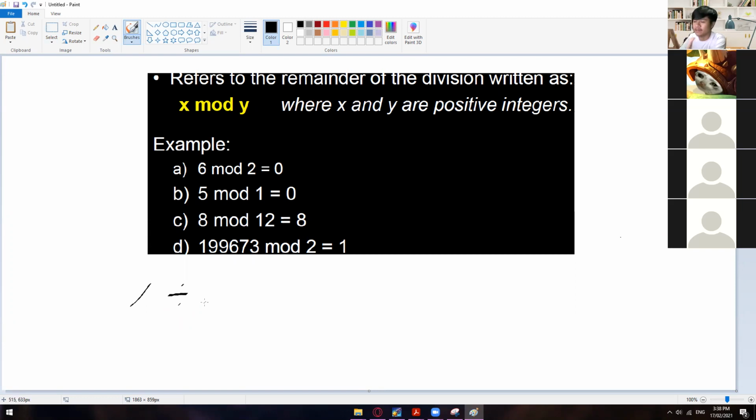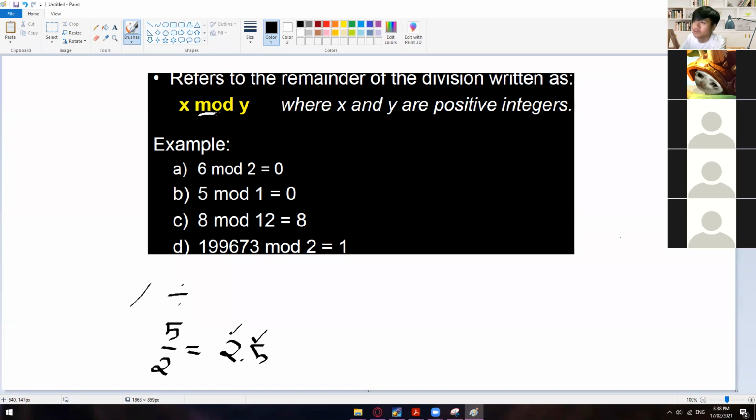For example, 5 divided by 2 will give you 2.5. So I don't need my calculator now. We are getting the integer part, which is the whole number, and the remainder part at the same time, or the decimal part.